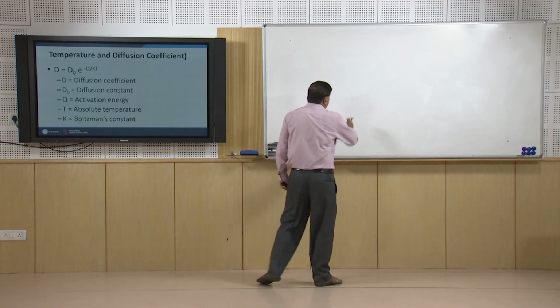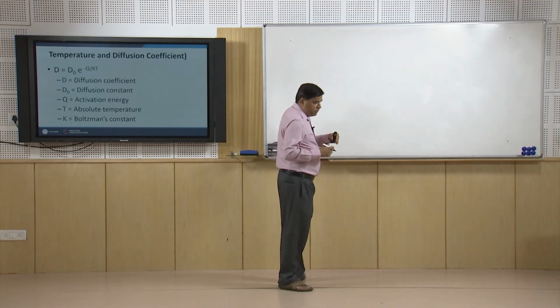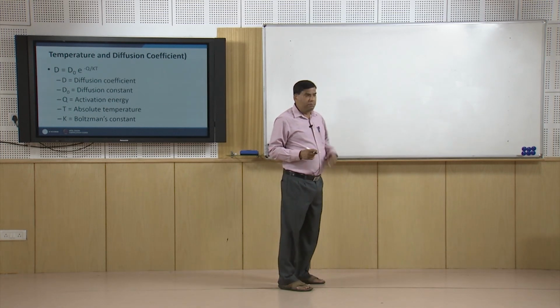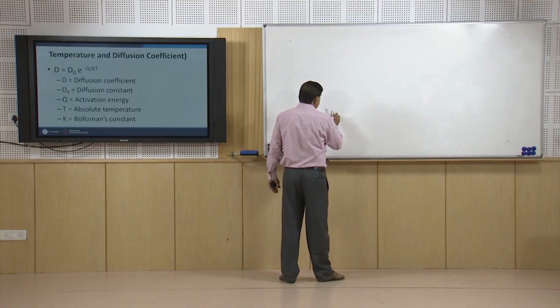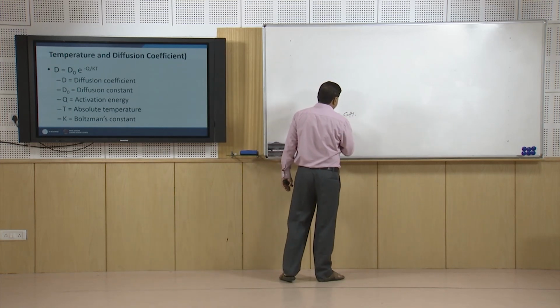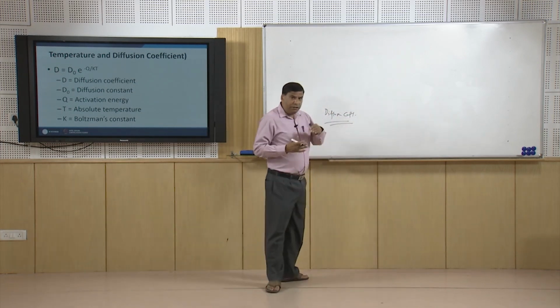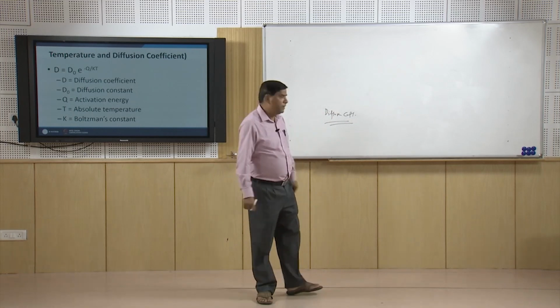Now, at what distance and at what speed the diffusion will take place is characterized in terms of the diffusion coefficient of the material. Materials which diffuse faster will have a higher diffusion coefficient as compared to others.